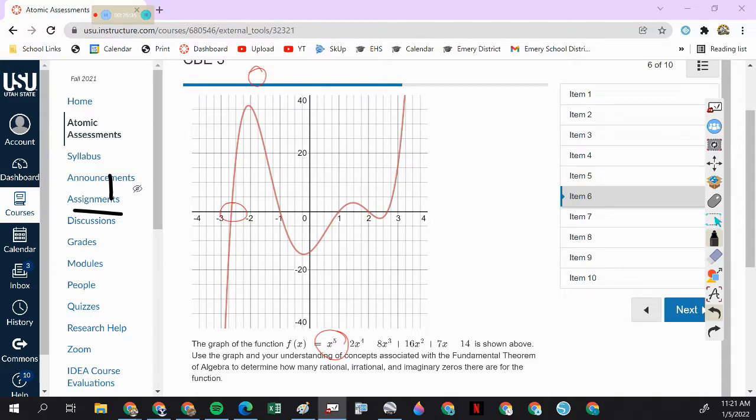Yeah. So when I write all possible rationals, my possibles are plus or minus 1, plus or minus 2, plus or minus 7, and plus or minus 14. And I got that from here. What are the possible fractional answers? There aren't any. The leading coefficient is a 1. And if the leading coefficient is a 1, that guarantees that none of the answers are fractions.